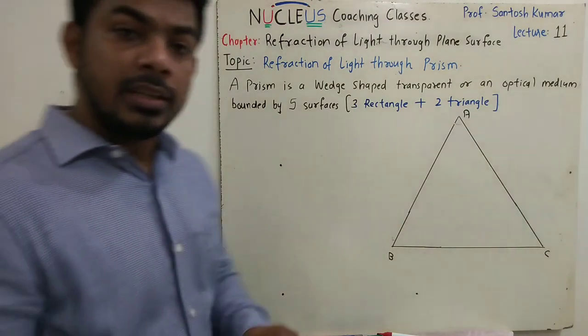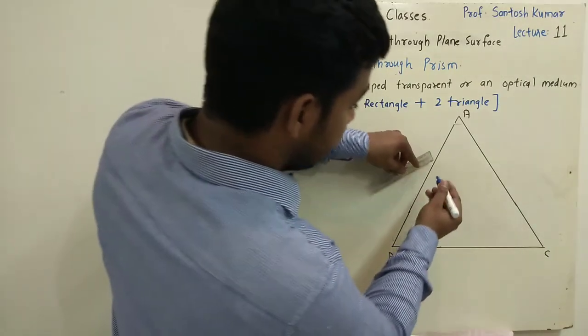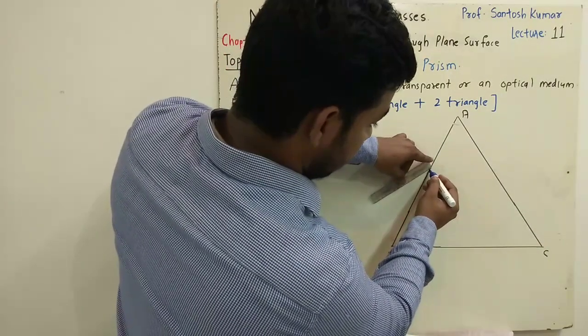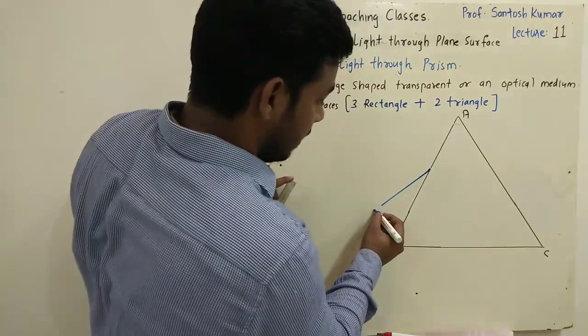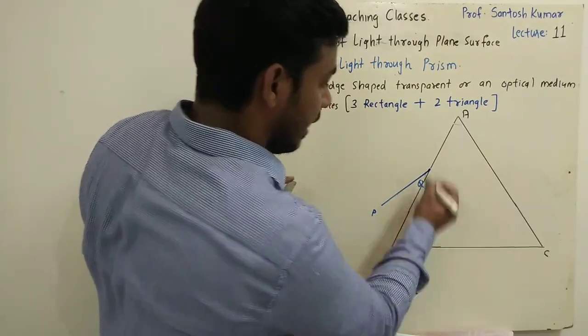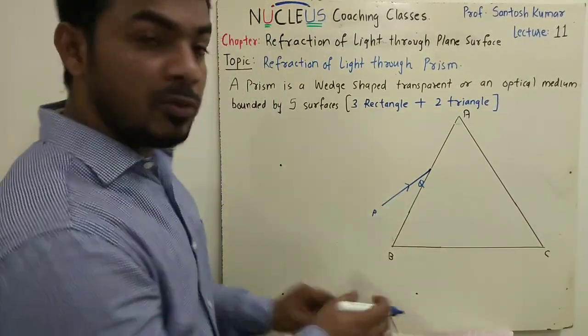So we have to study the path of a ray of light through a prism, for which I will consider an incident ray. Now let's say this PQ, I considered it as the incident ray which strikes the refracting face AB of the prism.